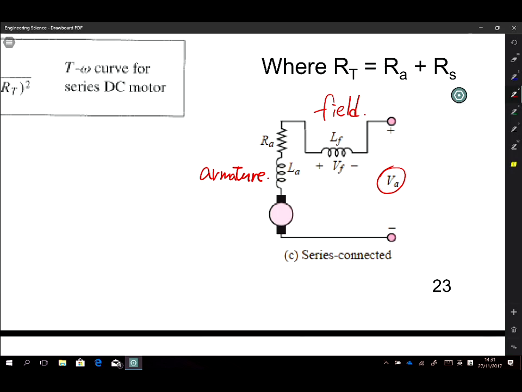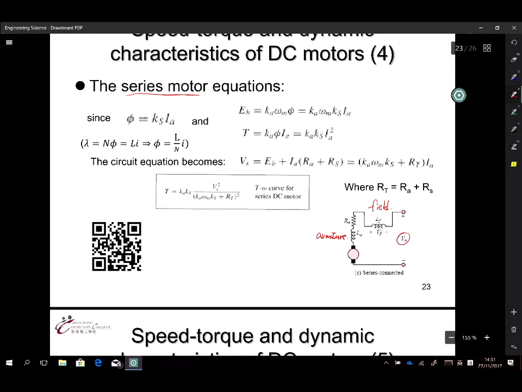Now we also worked out some equations. Firstly, the magnetic flux phi equals Ks times Ia. This formula actually comes from the equation that lambda, the magnetic flux linkage, is equal to N times phi, where phi means the magnetic flux.